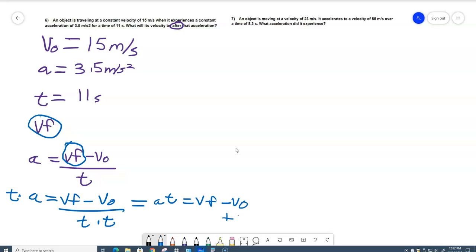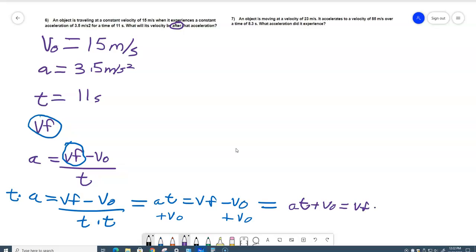So obviously I'm going to add V naught to both sides. And from there, I'm going to have A T plus V naught equals V final.